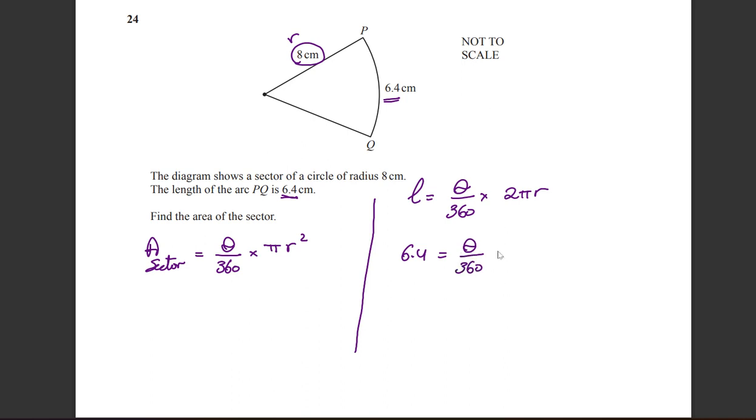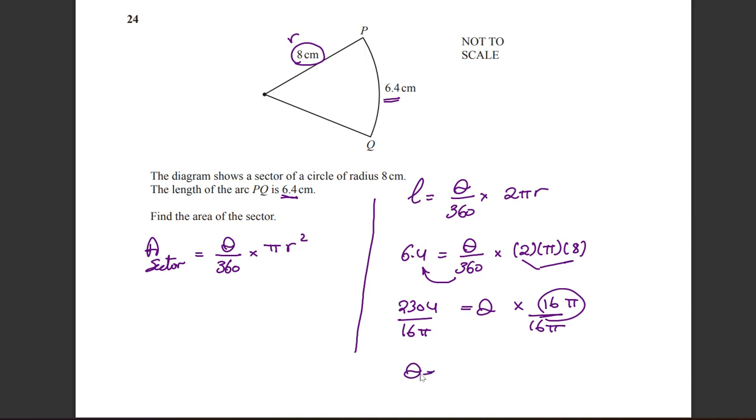And then we can work directly on the calculator. We can do it by shift solve or work it out on the calculator. I will send this 360 up here. So 6.4 times 360 will be 2304 equals theta multiplied by 2 multiplied by 8, 16 pi. Then divide by 16 pi, divide by 16 pi. So theta will be equal to 45.8 degrees.